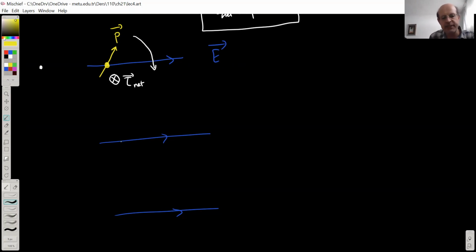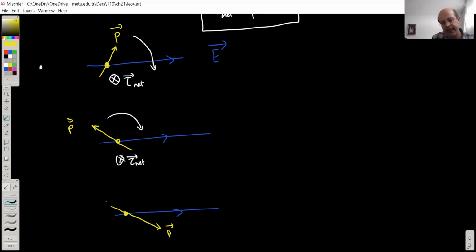So what happens if we have this? It doesn't matter if the dipole is oriented like that, right? In that case too, you can easily see that the net torque is still pointing into the screen. So again, this would be rotated like that. But if the dipole is oriented like this, this is the dipole moment.